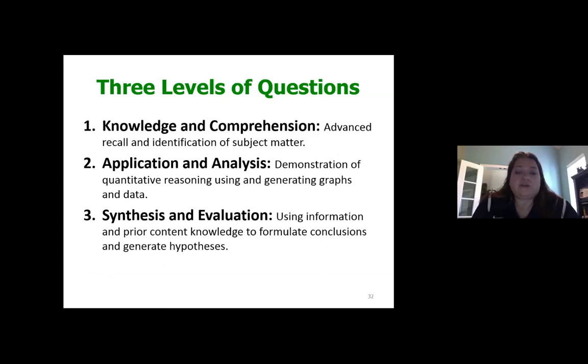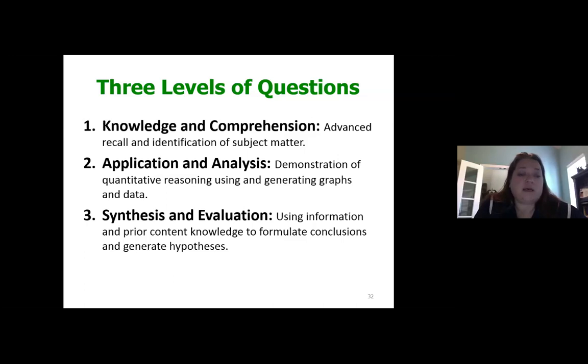The 3 levels of questions that I've identified are, first, knowledge and comprehension type questions. These are the basic, advanced recall and identification of subject matter, maybe definition type questions where a student needs to know specific terms in order to answer the question. Application and analysis is more quantitative reasoning.